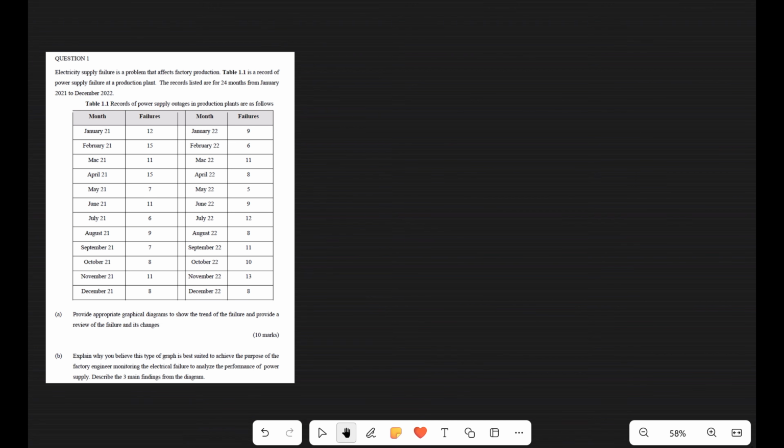Okay, so for number 1, you have to provide the graphical diagram. Because this is a time series, continuous data for 24 months, a suitable graphical presentation of this data is a time series line graph.